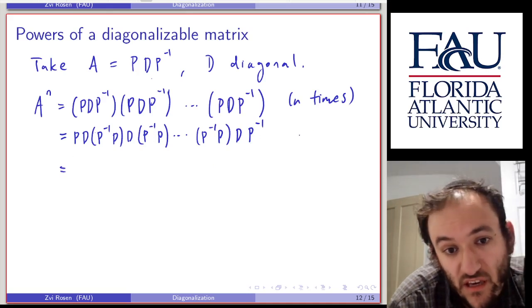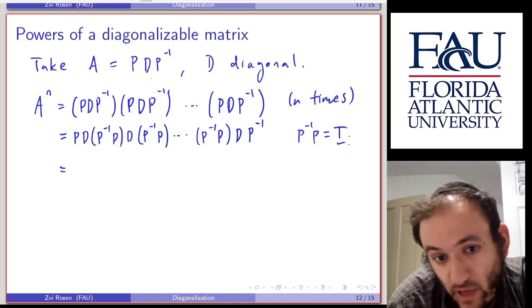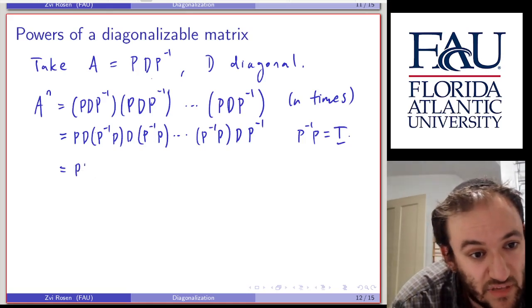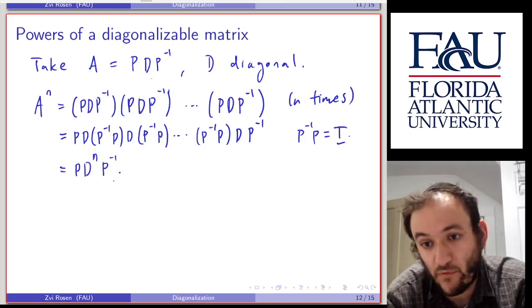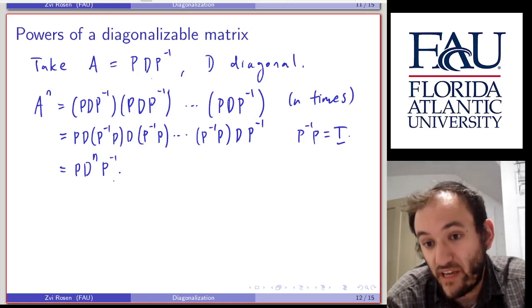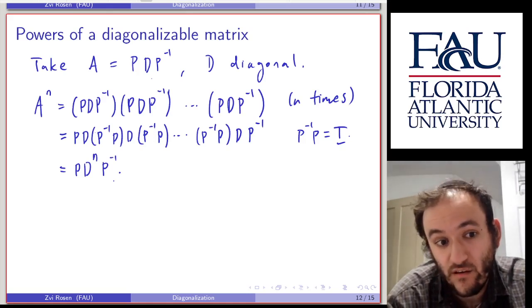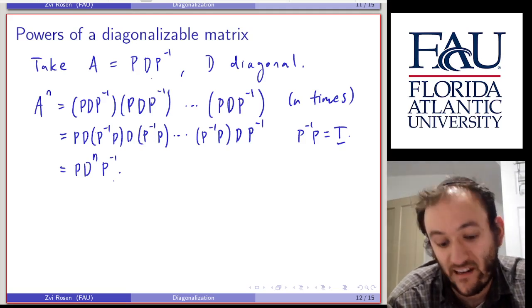The P inverse P, recall, is just equal to the identity matrix, so we can forget about it. So this is the same as P D to the n P inverse. Okay? So if you know how to diagonalize your matrix A, you can compute its nth power just by using the diagonalization, right?